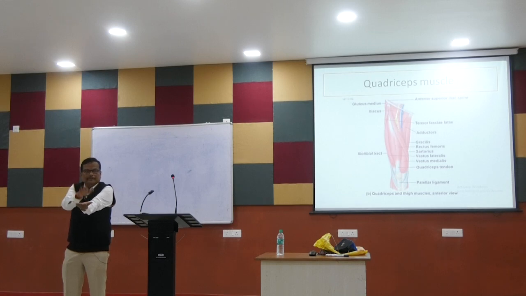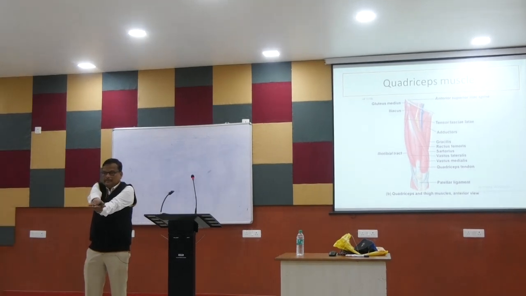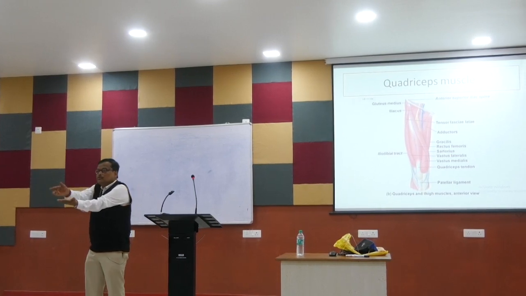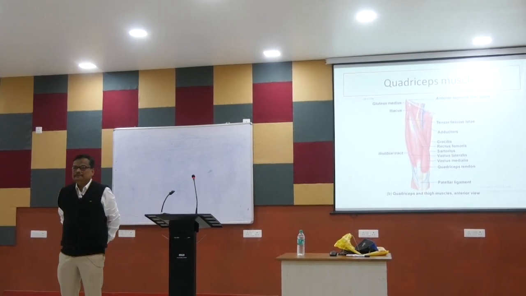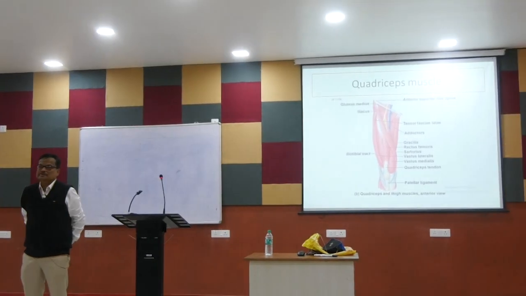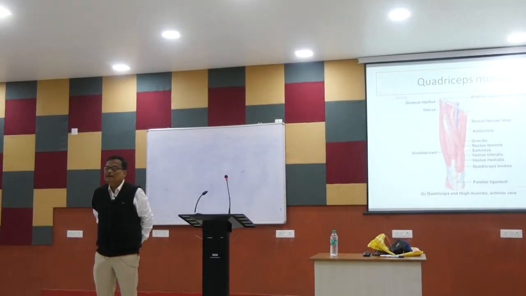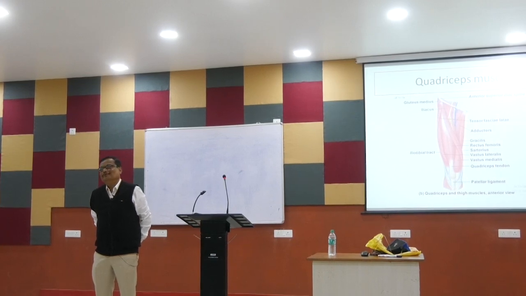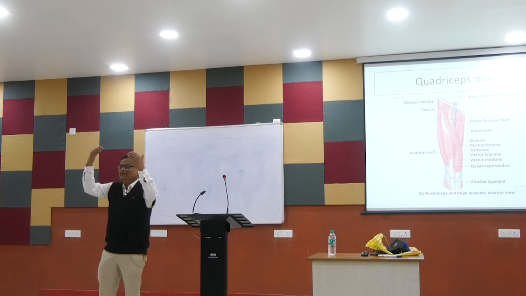My left hand is semimembranosus and right hand is semitendinosus. Right? All of you? Now tell me which is anterior, semitendinosus or semimembranosus? Semitendinosus is anterior? No, just the opposite. You put them in the anatomical position.